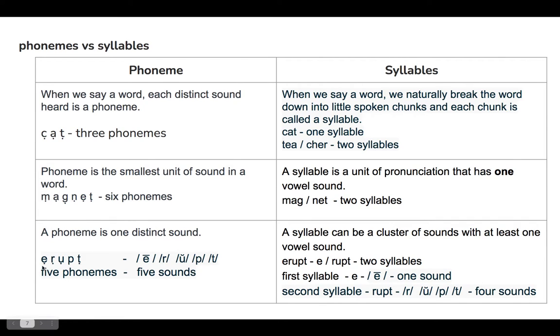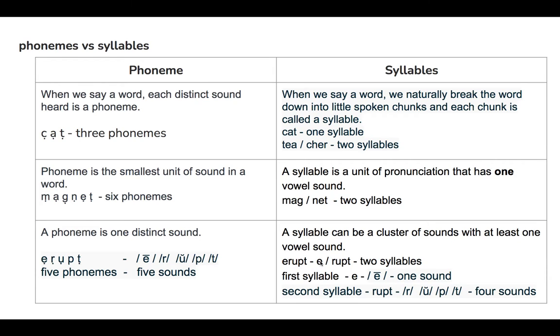For example, erupt. So this has 5 sounds: e, r, u, p, t. So 5 phonemes, 5 sounds. Whereas a syllable can be a cluster of sounds with at least one vowel sound. For example, erupt.